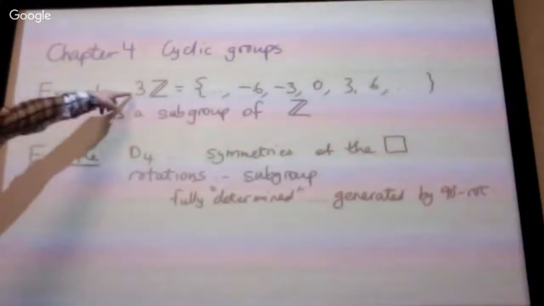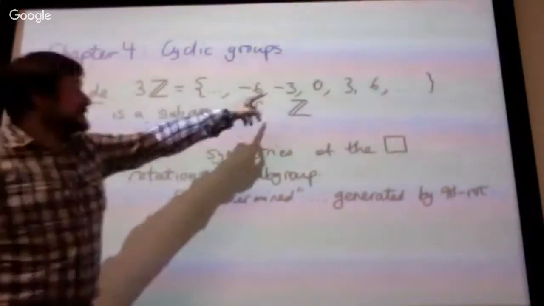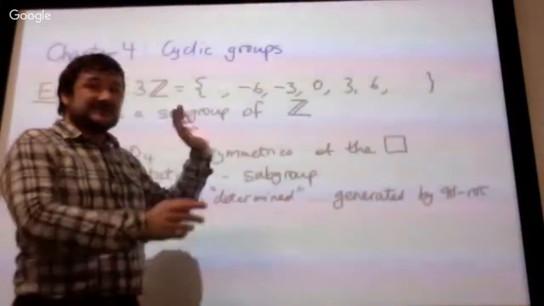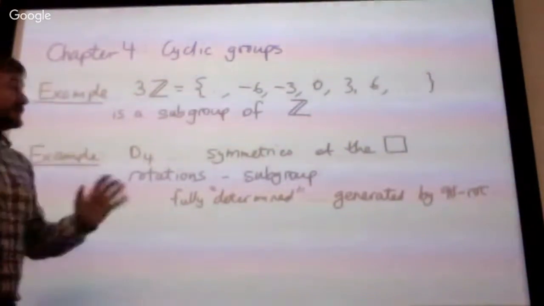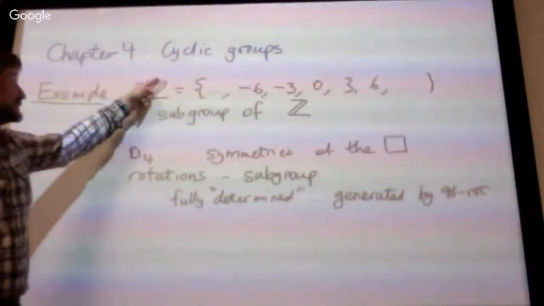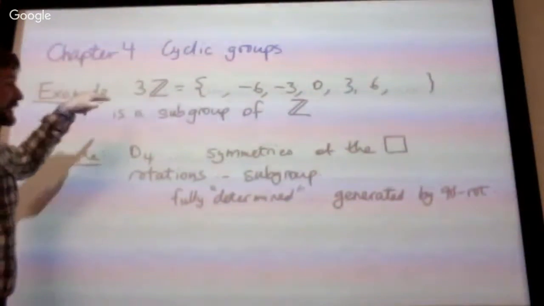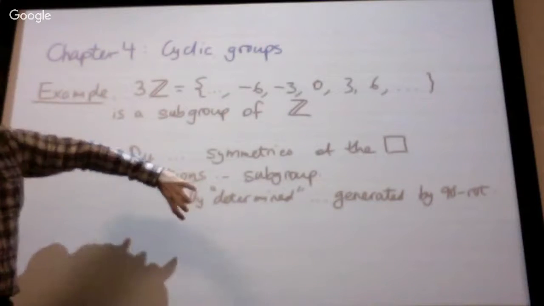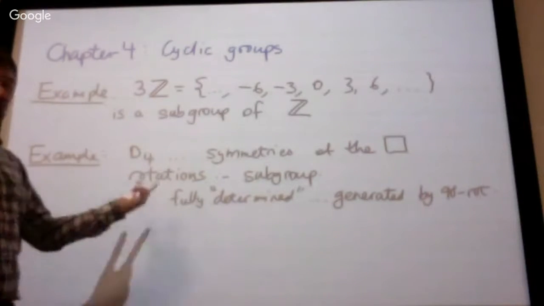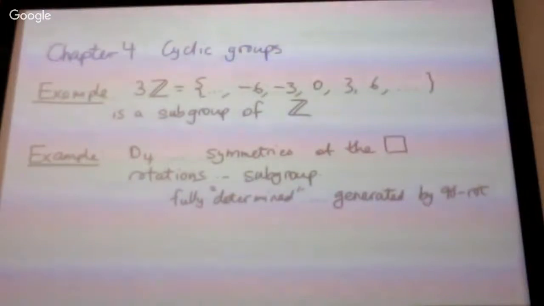Here you took the 3, its inverse, and then you add them together in all possible ways. You get the whole of this, and it's a subgroup. Similarly, here, if you take one rotation and keep composing it with itself, you get all the rotations, and that's a subgroup. And so this is theorem 4.3.